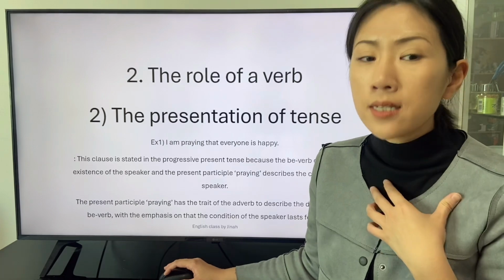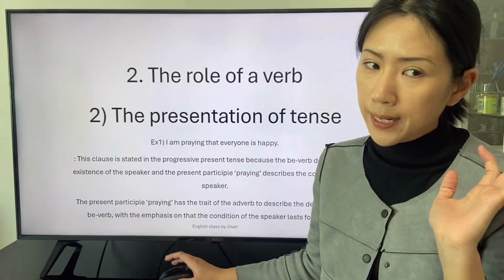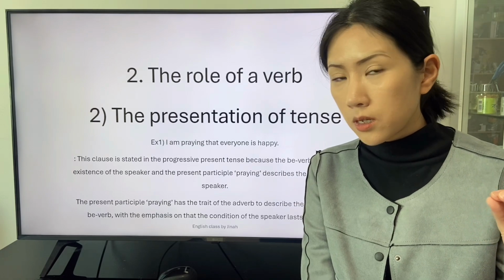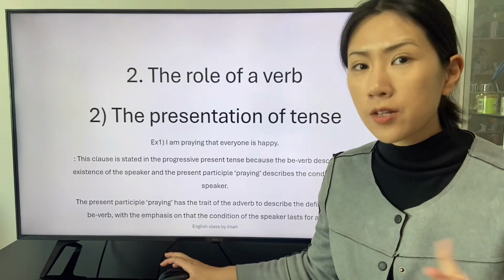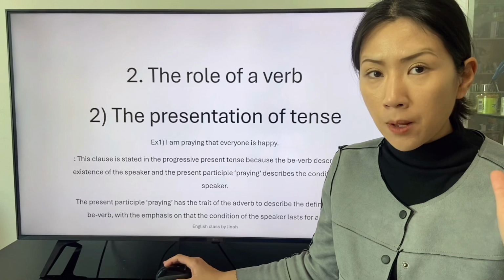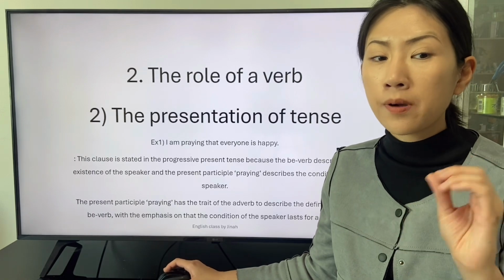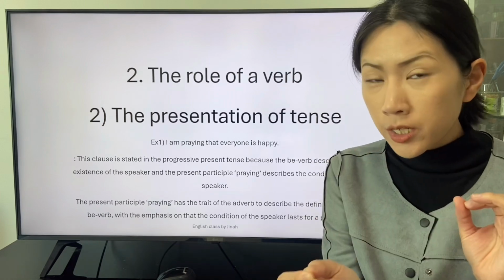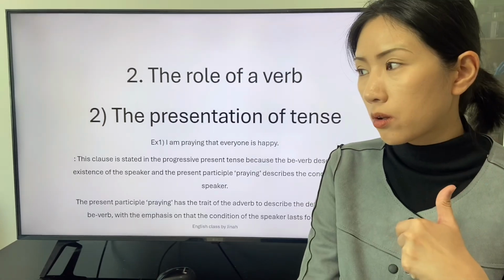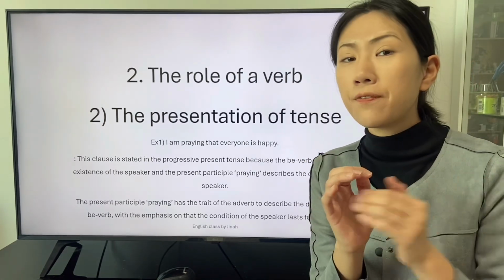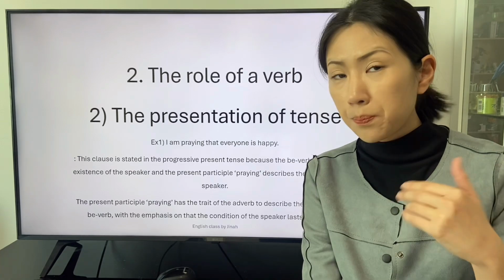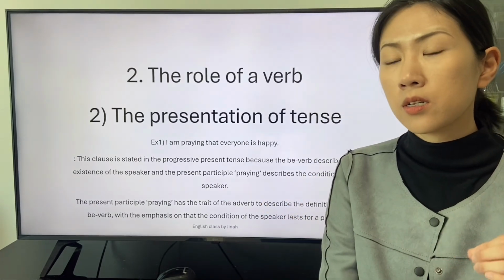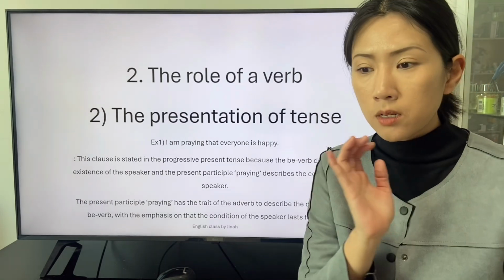I am praying that everyone is happy. The be verb describes the existence of the speaker, and the present participle praying describes the condition of the speaker. The original form of the present participle praying is the verb pray.